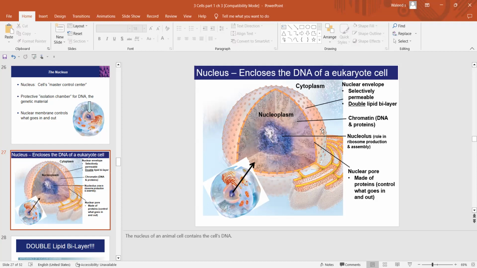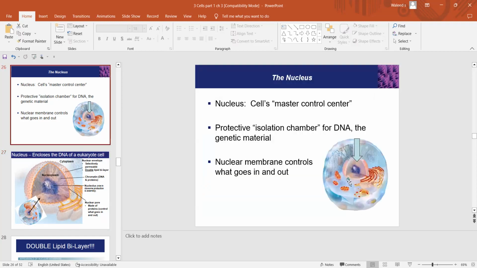Also look at these openings, all these openings. The space inside the nucleus is called nucleoplasm. Remember, look at this. What is this space between the nucleus and the wall? Cytoplasm, the plasma of the cell.